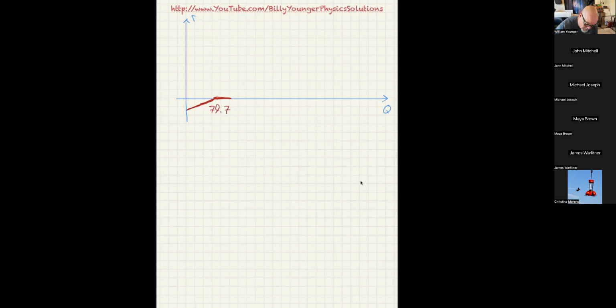So that takes essentially an additional 79.7 calories until all those bonds are broken.